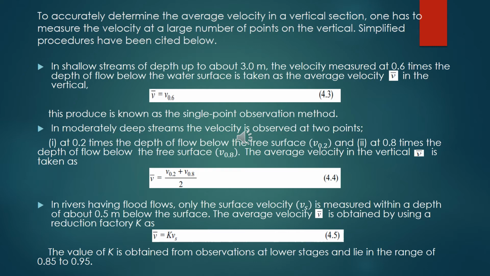The average velocity is obtained by using a reduction factor k, as average velocity equals k times surface velocity. The value of k is obtained from observations at lower stages and lies in the range of 0.85 to 0.95.